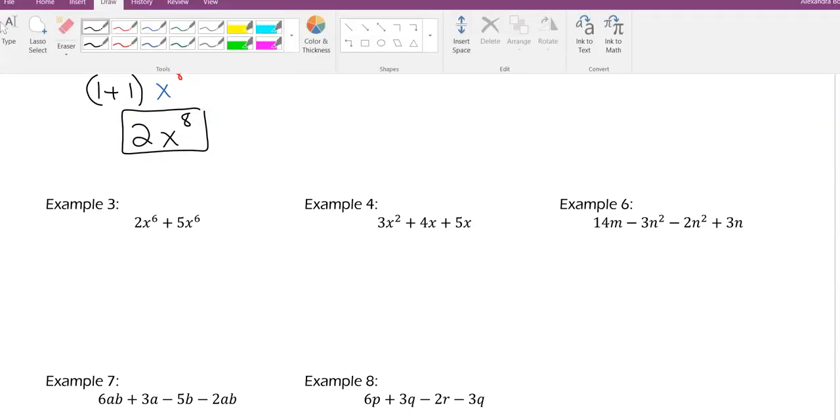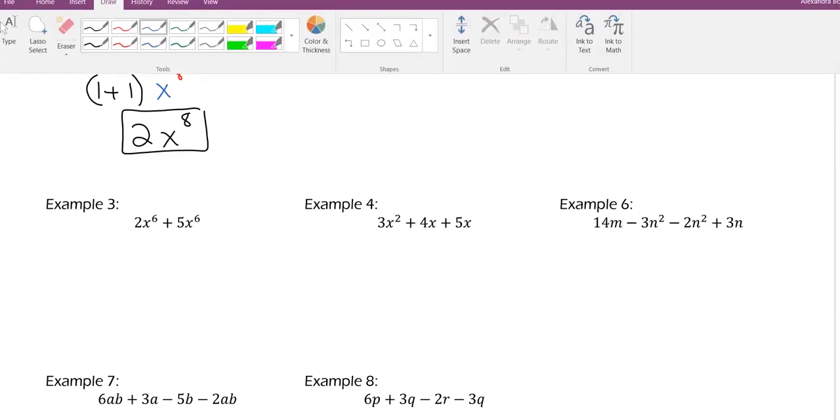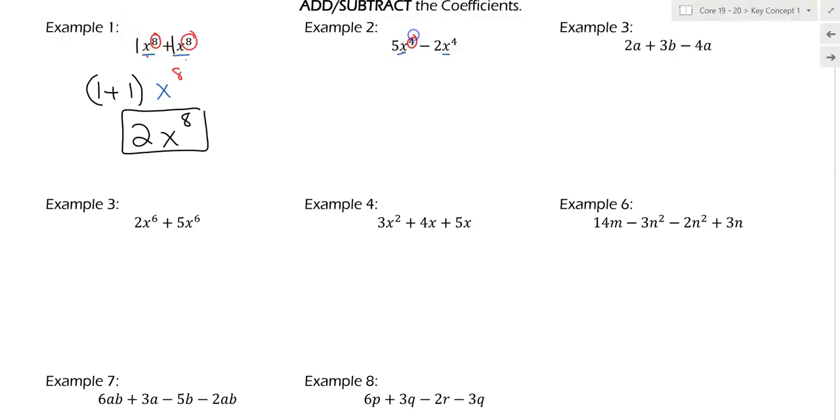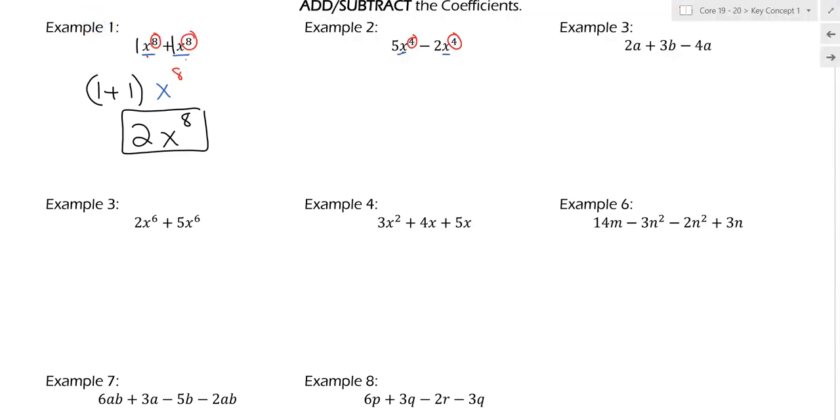Looking at example 2, 5x to the 4th minus 2x to the 4th. Again, I have an x here and an x here. And my exponents are 4 in both of them. So these are like terms. They have the same variable, the same exponent.